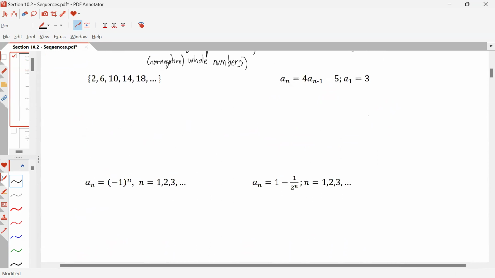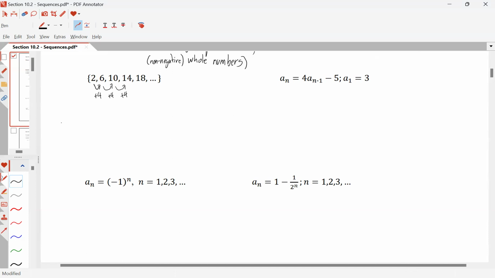But let's take a look at some different ways of how these formulas can then be presented. So in our first example here, 2, 6, 10, 14, 18, this is a list of numbers. And we see to go from one number to the next, we are adding 4. Plus 4. Plus 4.